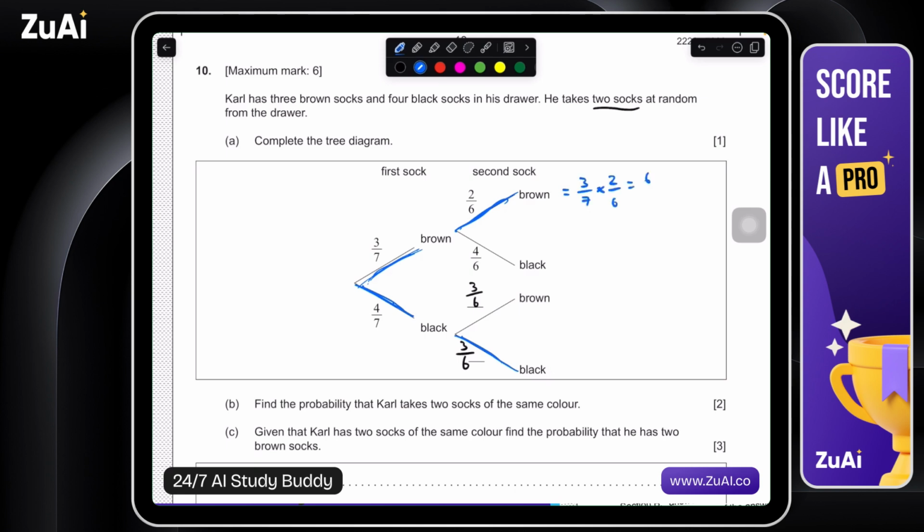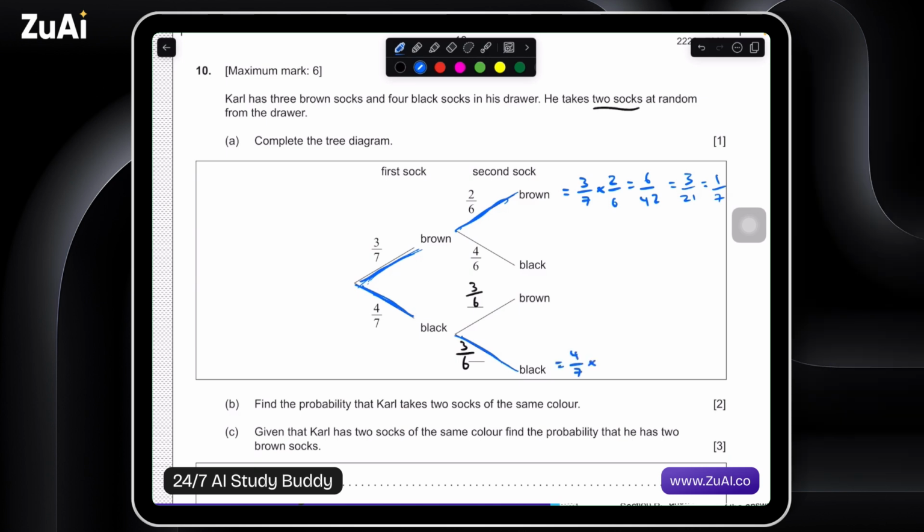In this case, we'll have 6 over 42, or if we simplify this a little more, 6 over 42 would be 3 over 21, or 1 over 7. And then if we multiply along here, black times black, 4 over 7 times 3 over 6 is going to be 12 over 42.